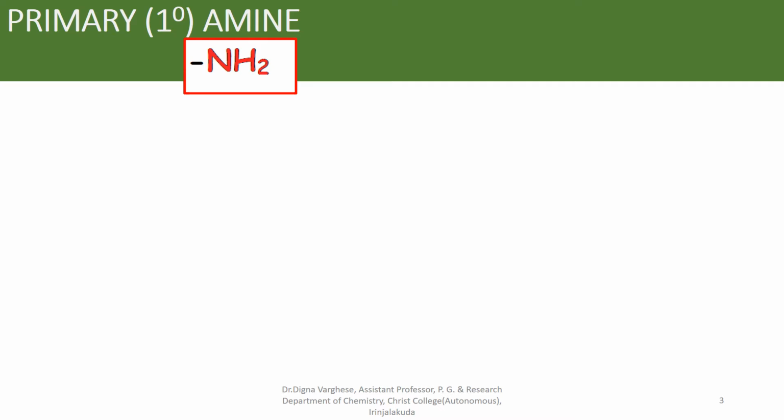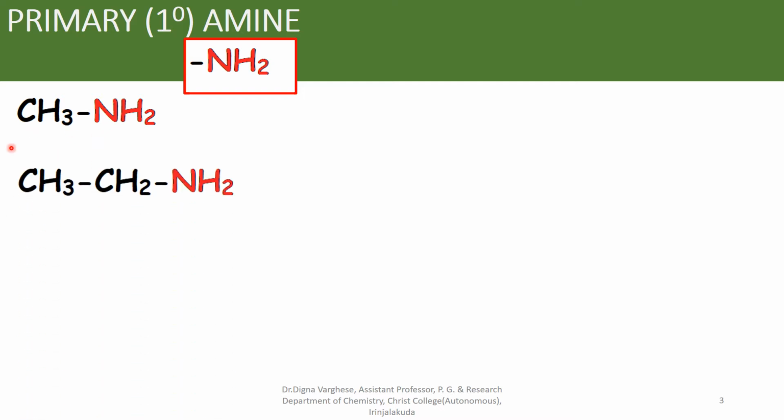Some examples of primary amines are given here. The first example is methylamine, or its IUPAC name is methanamine. Here one carbon is attached to NH2. And here the carbon chain attached to the NH2 part has two carbons.